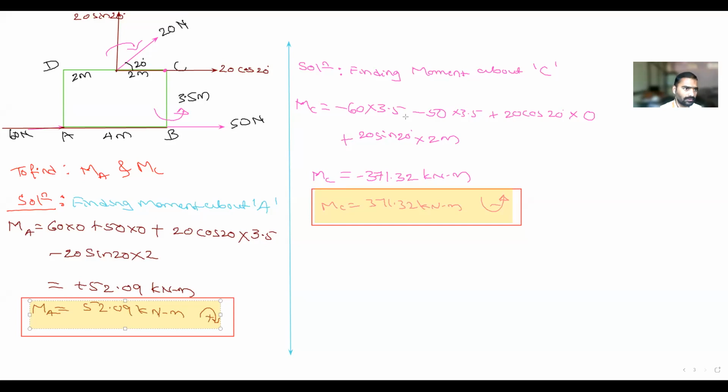Okay. 2 is also present. Roll number 12 is absent. 22. 35.